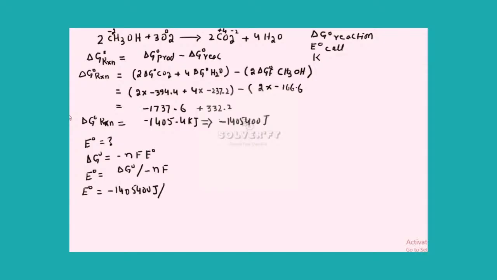As a whole, there is the loss and gain of 6 electrons as the oxidation state of carbon changes from -2 to +4, so it releases as a whole 6 electrons and the oxygen gains 6 electrons. So in this case n is 6 moles of electrons, where F is Faraday constant, which is equal to 96,500 coulomb per mole of electron.